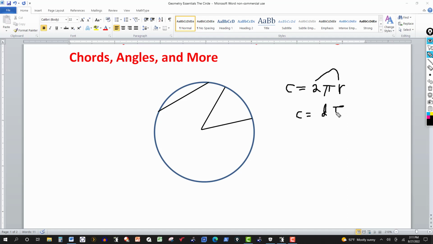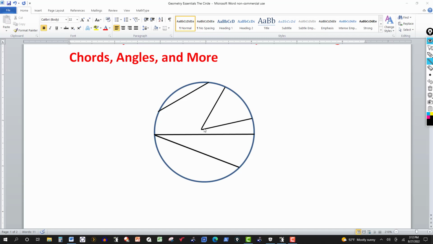pi. Now the other thing I'm going to talk about is inscribed angles. So let's suppose I have this situation. A central angle has the vertex at the center, and the measure of the central angle is always equal to the measure of the arc that it subtends or intercepts.